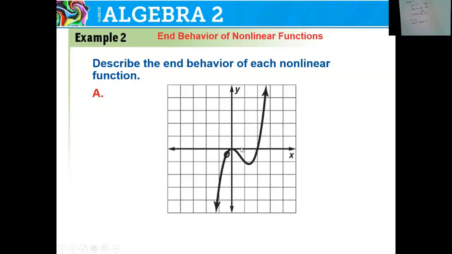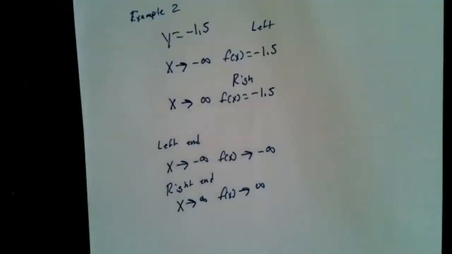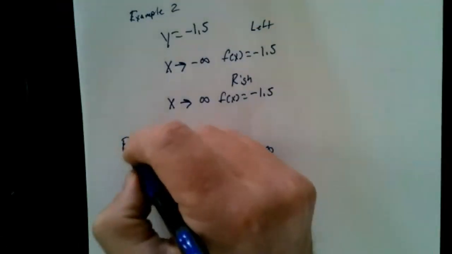The farther we go right, overall, the higher our graph increases. So our right end behavior, as x goes towards positive infinity, f of x goes towards positive infinity. And we would express our answer just like that. This is example 3.